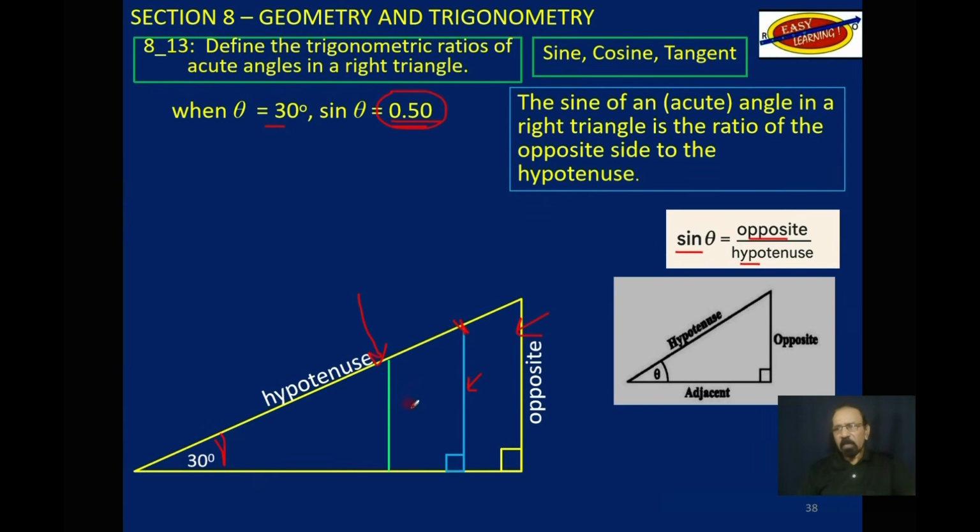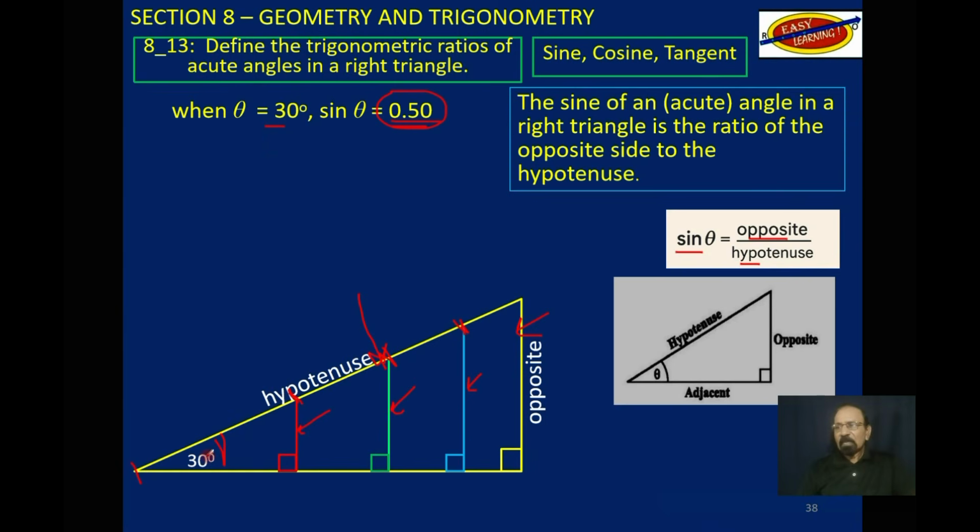And if you take another line like this green line, at 90 degrees, this opposite in relation to this right triangle here, at 30 degrees will also be 0.5 of this hypotenuse here. And even if you take another line here, at right angles, this red line will be 0.5 of whatever this part of that triangle is, which is the hypotenuse.